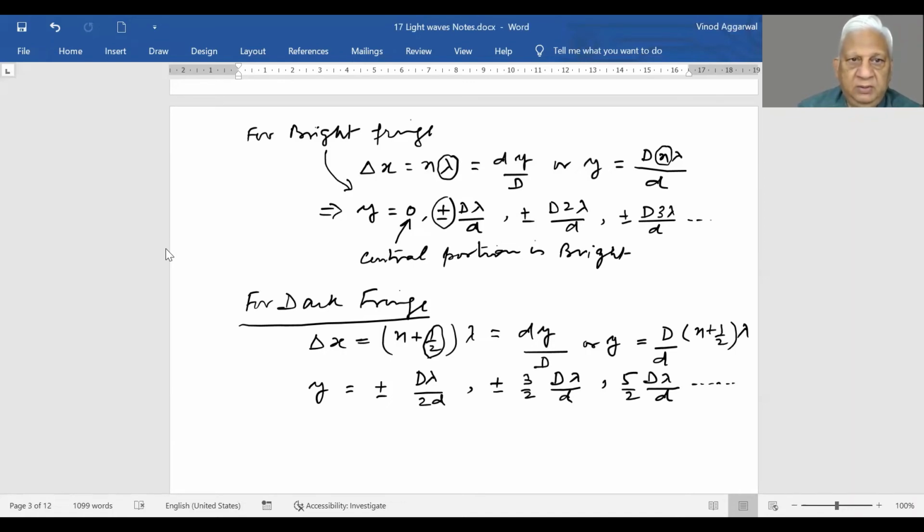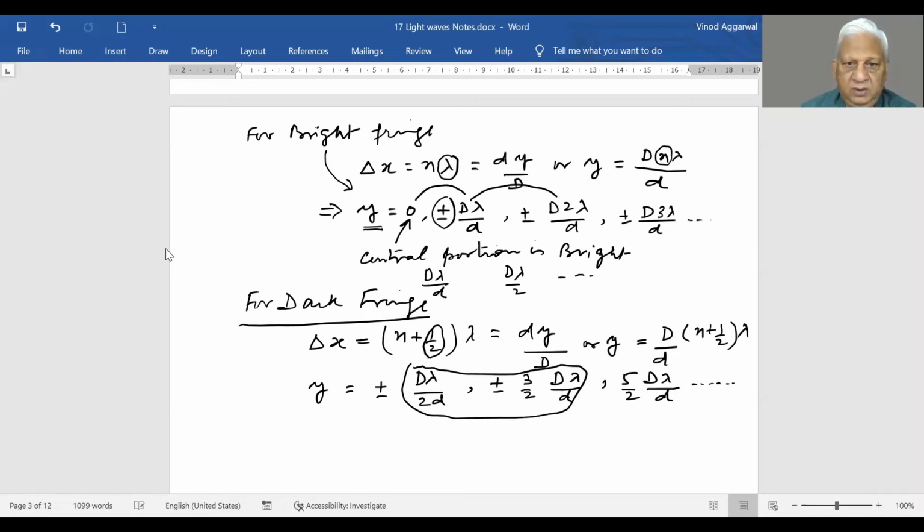Now, if you examine y for bright fringes, what is the difference between these two? What is the difference between these two? And so on and so forth. Now, in case of dark fringes, what is the difference between two successive dark fringes? Is, and if we take difference between these two, what is the difference in y?